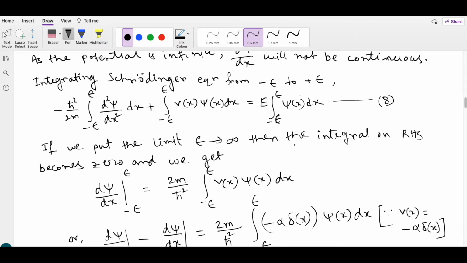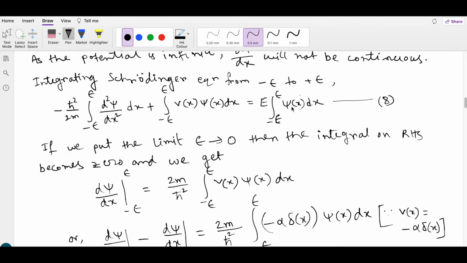So if we put the limit ε tends to 0, this is not infinity, this is 0. Then the integral on the RHS will be 0, because as ε tends to 0, ψ(x) almost becomes constant and comes out of the integration, and the small interval will be 0, so the total integral is 0.